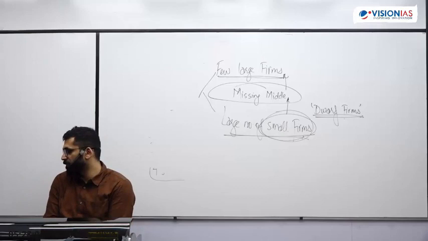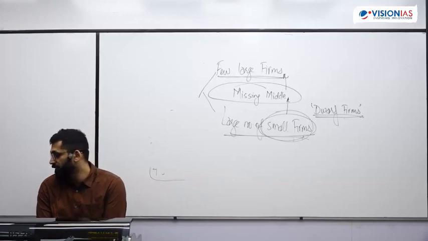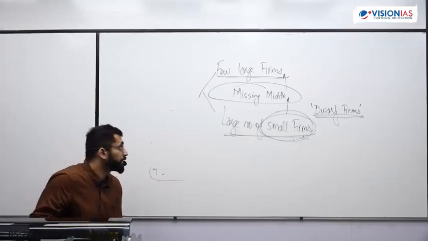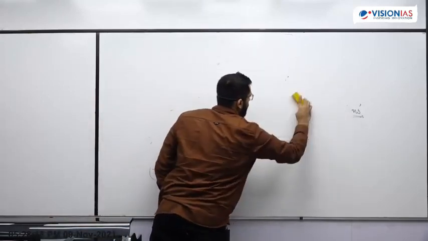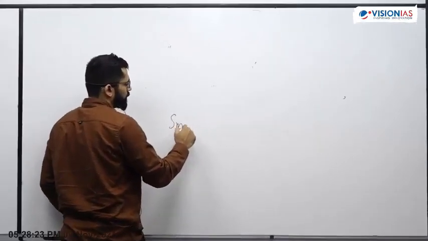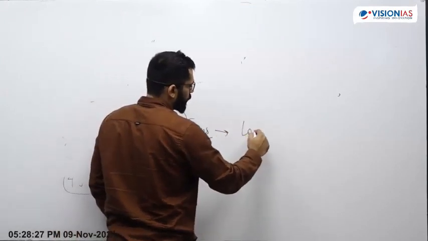Okay, so this is from your MSME sector. Any doubts here? You've written down almost all of the things. Basically, the last point says that we have two different types of industries. One, your small firms. They are catering to the low income groups.